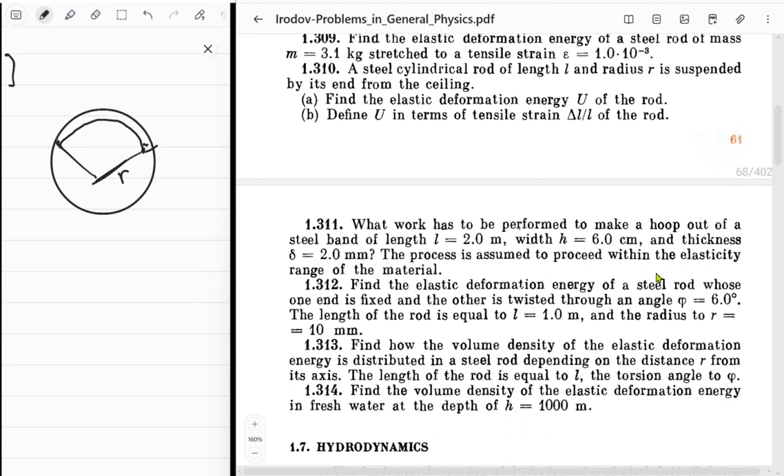This is probably the best way I can do it. So what we are doing is making its radius of curvature smaller. So we are decreasing the radius of this sphere. In doing so, this angle increases because this guy's length is almost constant. And we just want to figure out how much work we have to do.